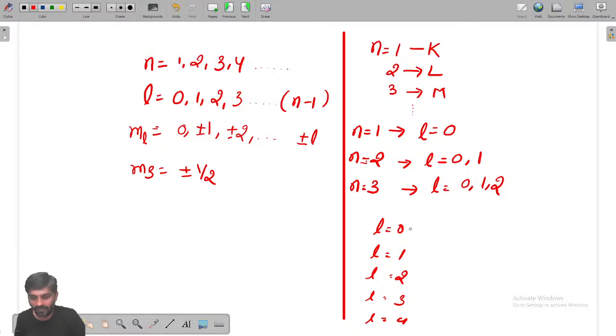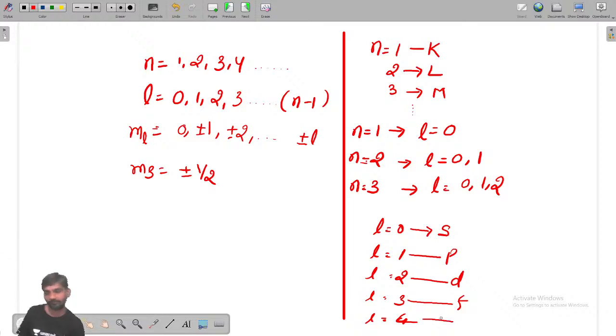For l is equal to 0, we represent it with s. For l is equal to 1, p. For l is equal to 2, d. For l is equal to 3, f. You already know s, p, d, f. For l is equal to 4, after f, what will you get? g.